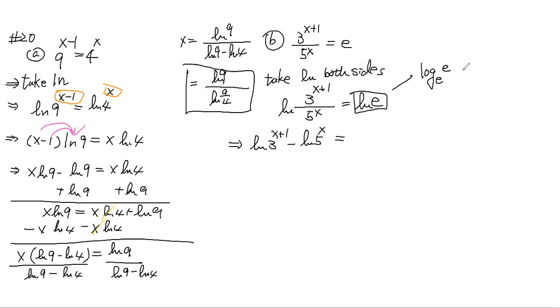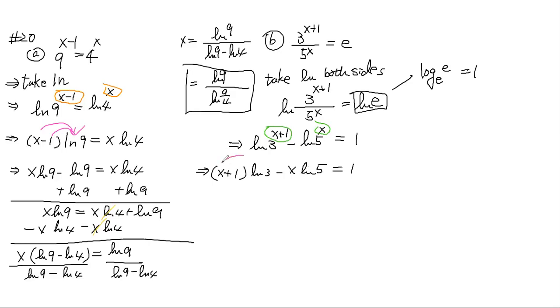So by the property, this is equal to 1. Now I can use the exponent property, move this one and this one to the front. So this is x plus 1 times natural log 3 minus x natural log 5 equal to 1.